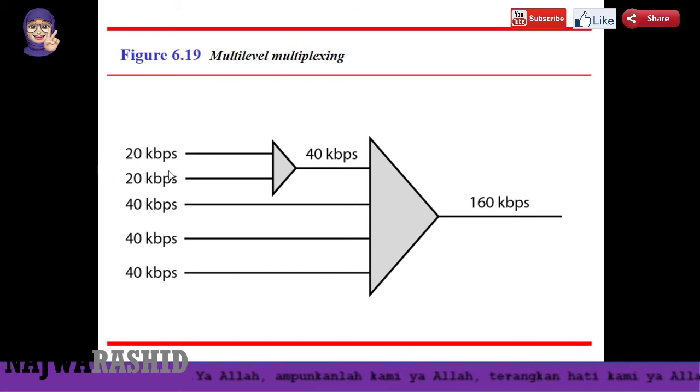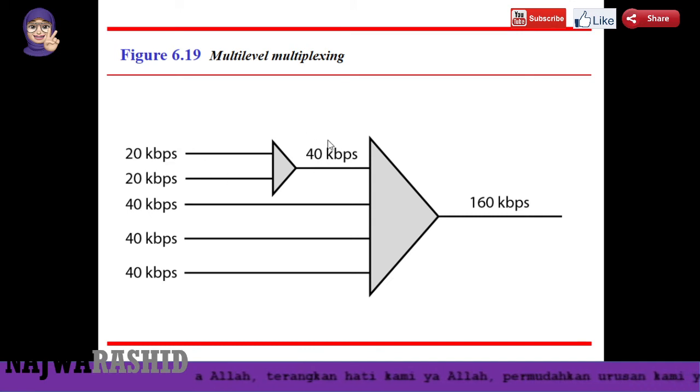So this is how multi-level multiplexing is implemented. Okay, let's say we have 1, 2, 3, 4, 5 channels. However, these channels have different data rates. Two channels have 20, another channel has 40 kilobits per second. So what we can do, we multiplex the first 2, because 20 plus 20 becomes 40.